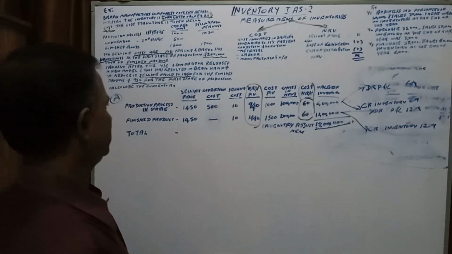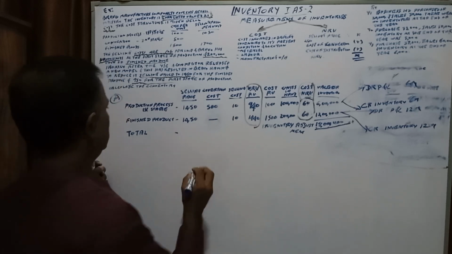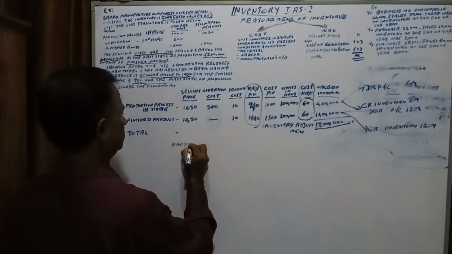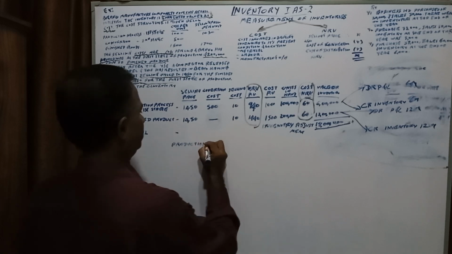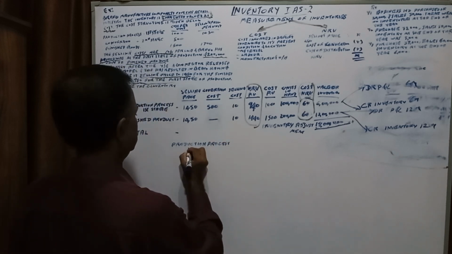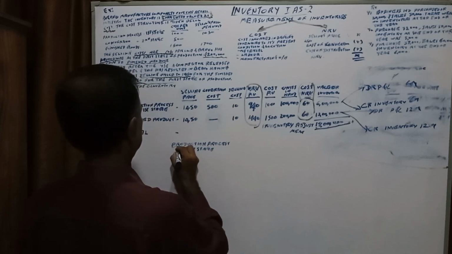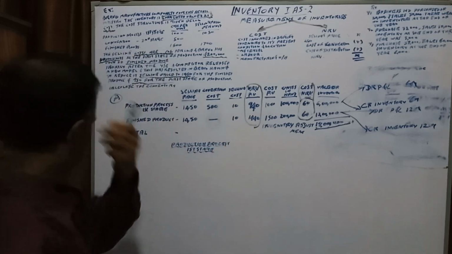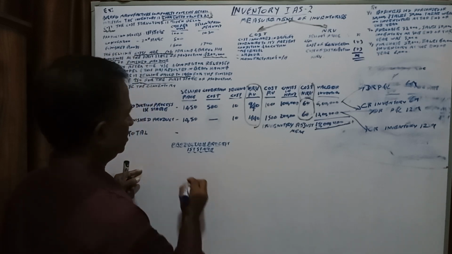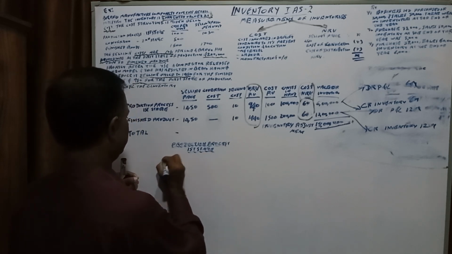In some other way also we can present it. What we can do is take the production process first stage. We are adding selling price.